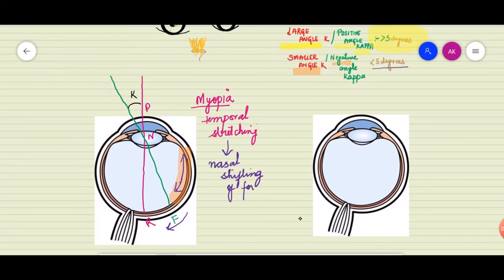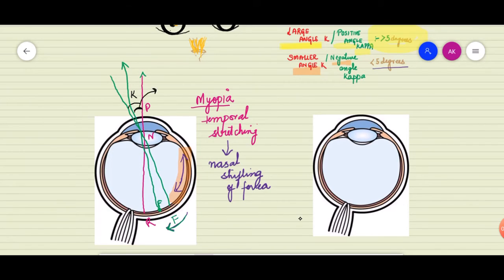Because there's a nasal shifting of the fovea in myopes, the fovea is now coming closer to the optic disc from its initial point. So what will happen to the visual axis? The visual axis will also become closer to the optical axis. So what has happened to the angle kappa?